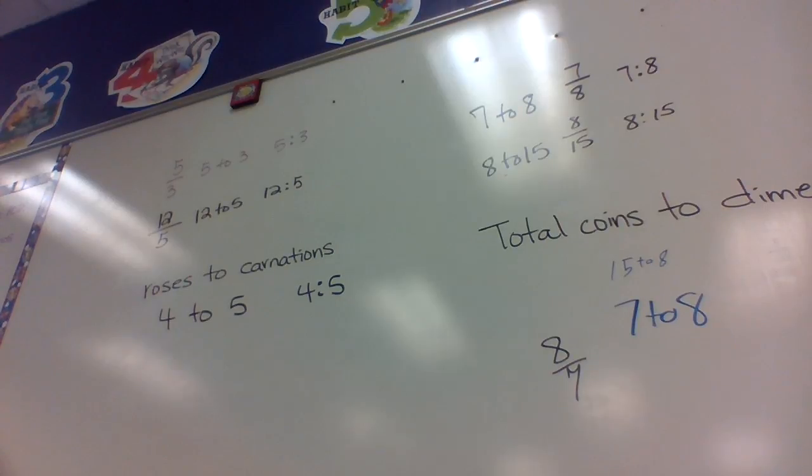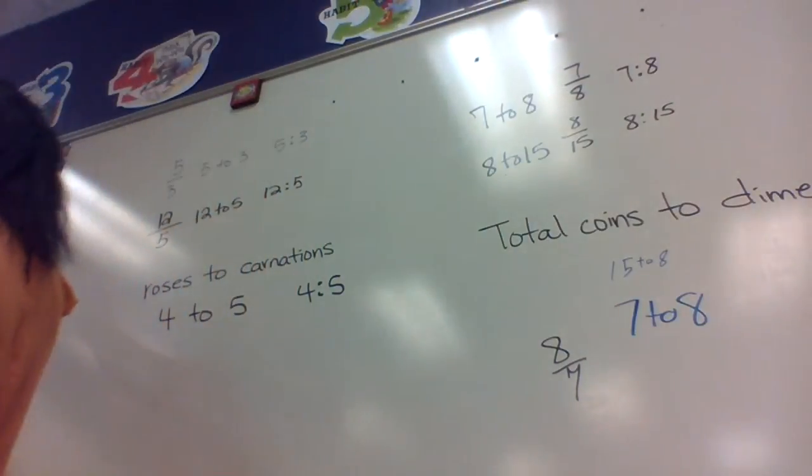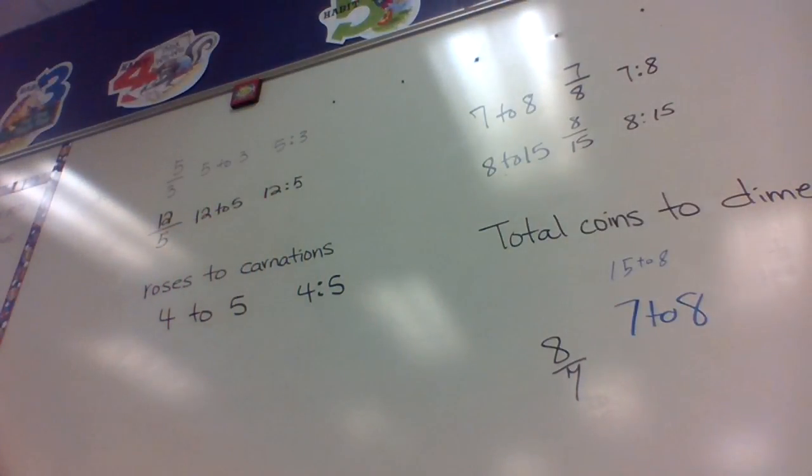I want you to put your name and today's date on page 7. Today is 3 times 5. What is 3 times 5? August 15th. So put your name at the top and August the 15th.